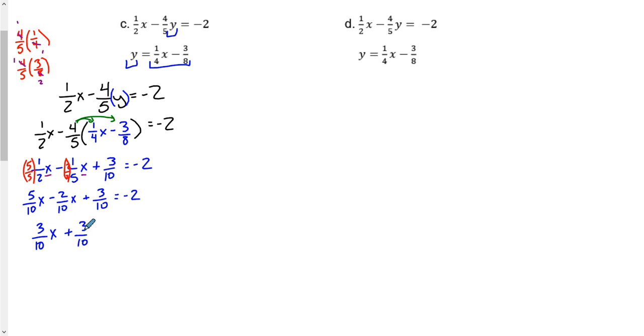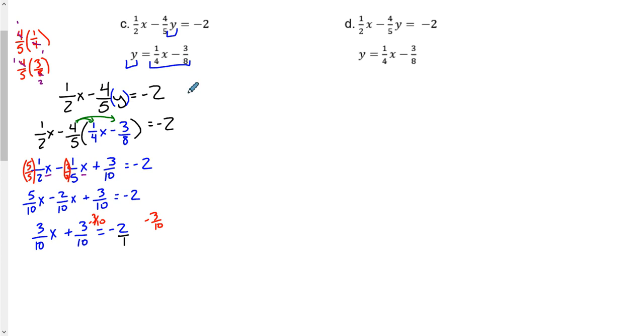Our last bit of work here is to get the x by itself, which means that we need to somehow get rid of this positive 3/10. So I'm going to subtract the 3/10. But if I'm subtracting 3/10, I can't just subtract it from 2. I can't have a negative 5/10. That's not right.